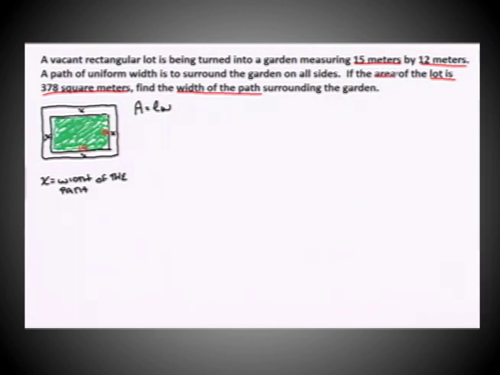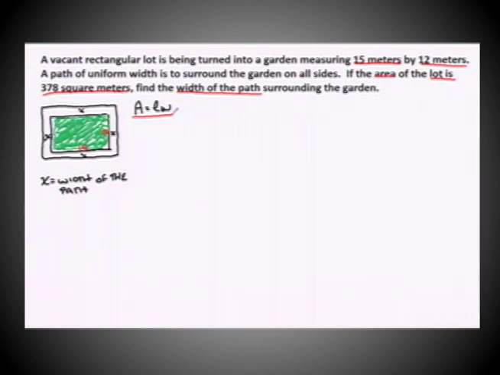So we know from previous lessons that area is equal to length times width. So I just wrote that formula next to my little drawing there, just to remind myself of how to calculate the area of a rectangle.